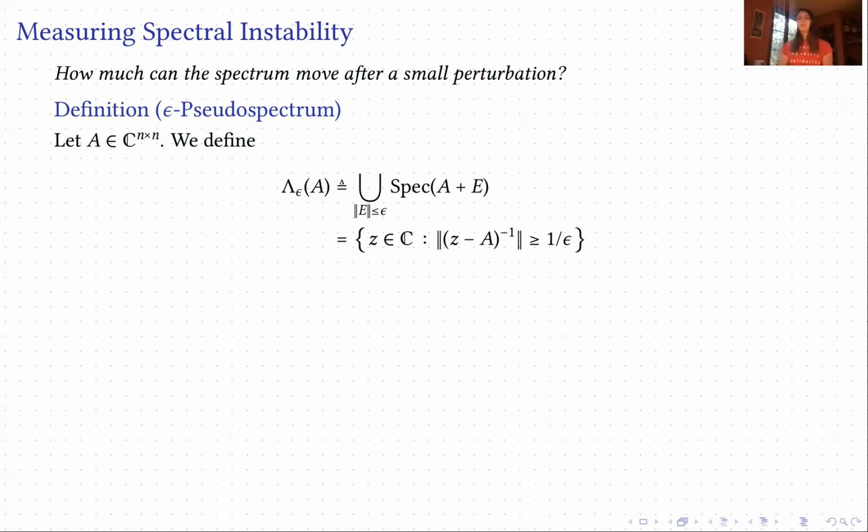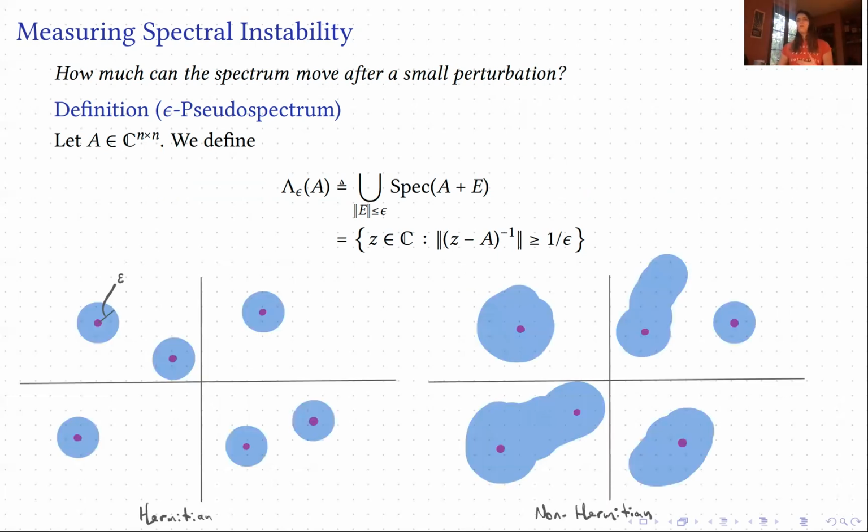And it's a nice and useful lemma, one that I won't have time to prove, that we can also write this set as a level set of the resolvent. In other words, it's the set of all z in the complex plane for which the operator norm of (z minus A) inverse is at least 1 over epsilon. So here I've drawn two cartoons of the pseudospectrum so you can get a sense of what it looks like.